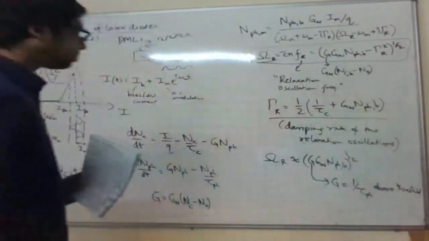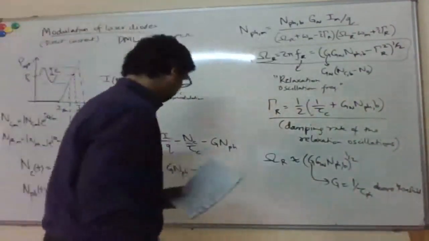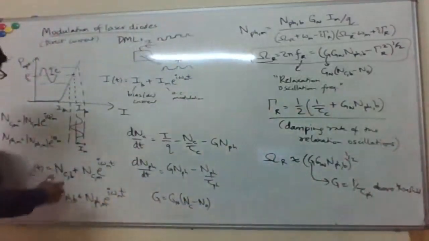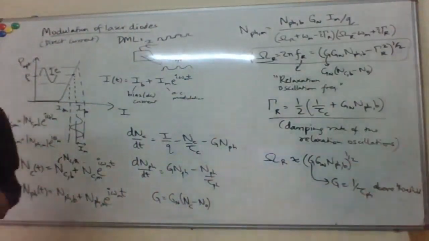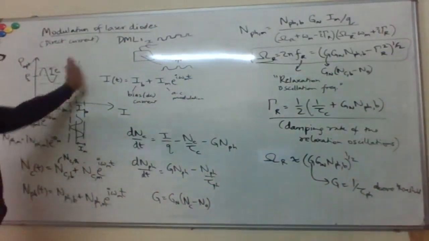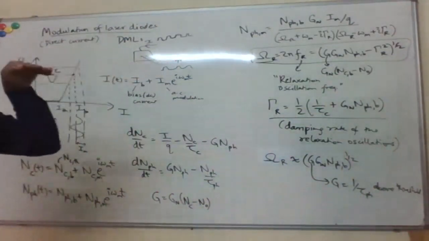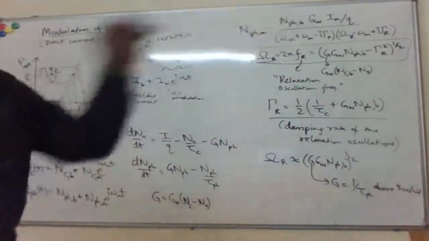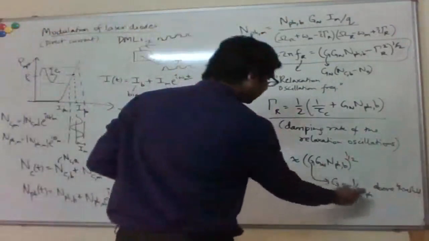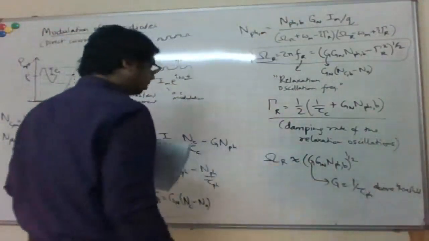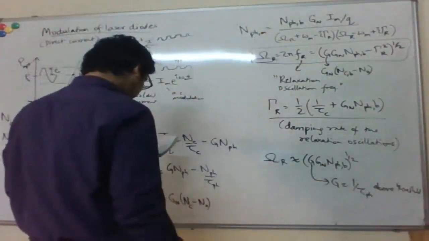So in other words, this N_CB is actually just the threshold carrier concentration, because we know that anywhere above threshold, the carrier number gets clamped at the threshold. So we can just replace G by 1 over the photon lifetime here.